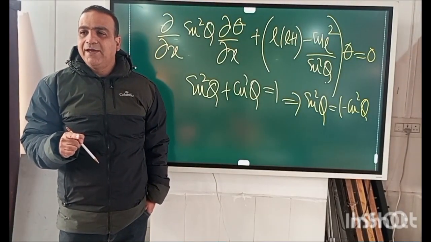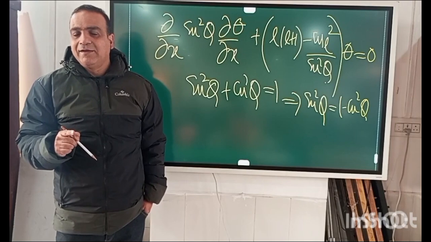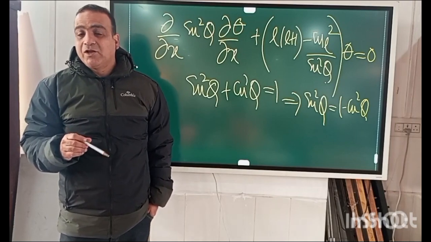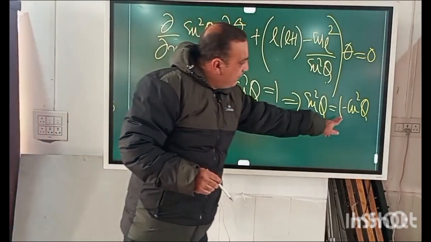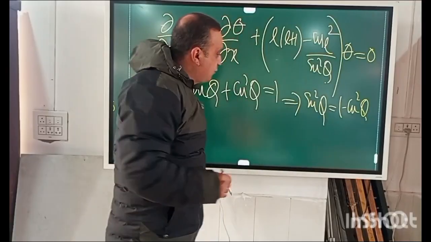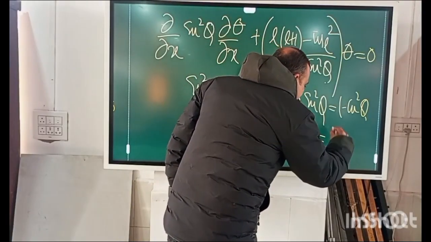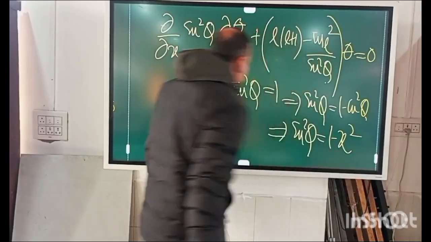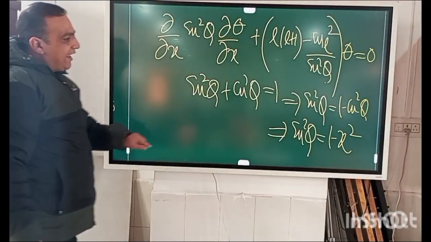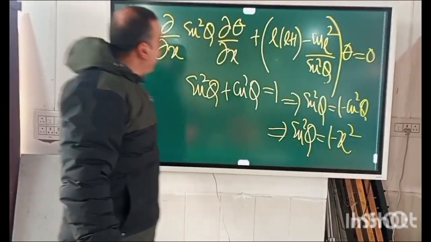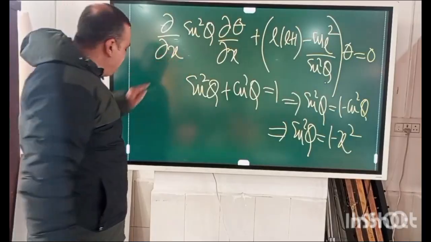Ikra, what was that? x equal to cos θ. So for cos squared θ I can use x squared, so I can write sin squared θ is 1 minus x squared. So I can substitute this sin squared θ in my equation.